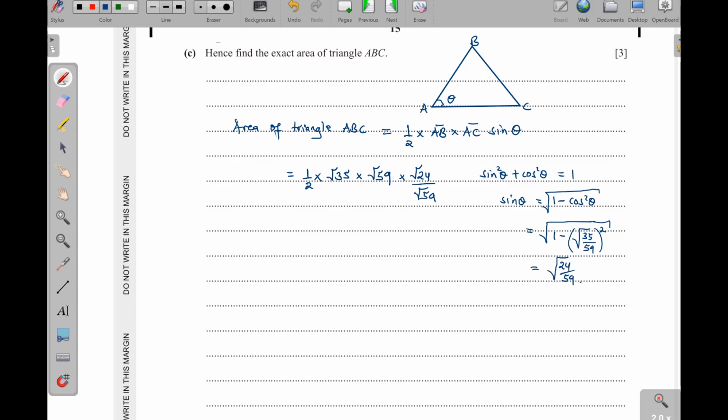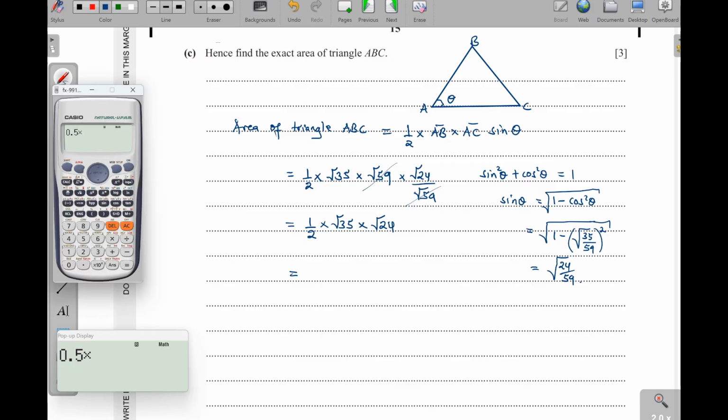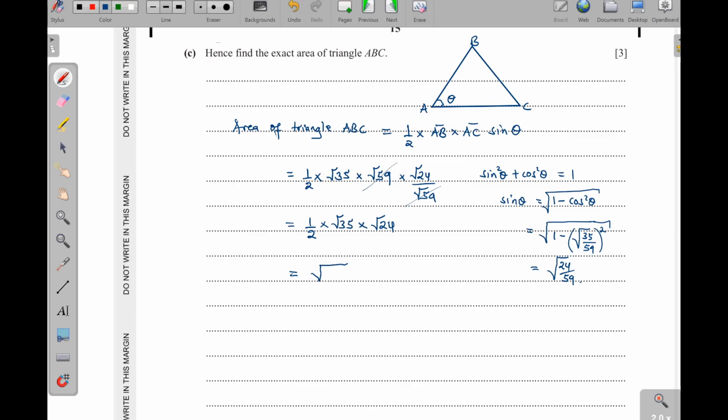Now root of 59 can cancel with that. And then we shall have a half times root of 35 times root of 24. So simplified, 0.5 times root of 35, then times root of 24. That is root of 210. As simple as that. And they said exact, so leave it like that.